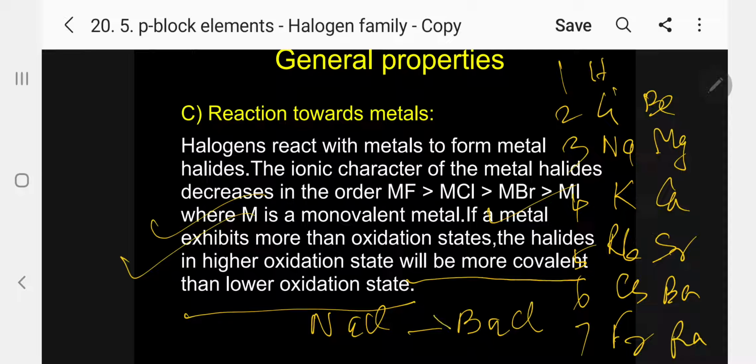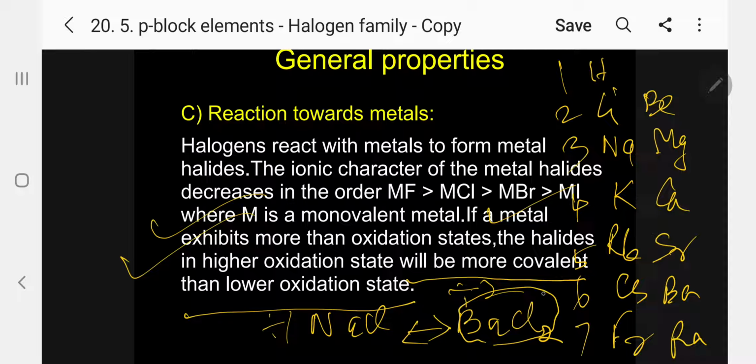What information is given? The halide in the higher oxidation state, this is plus 2, this is plus 1, will be more covalent than the lower oxidation state. So barium chloride, BaCl2, is more covalent than sodium chloride.